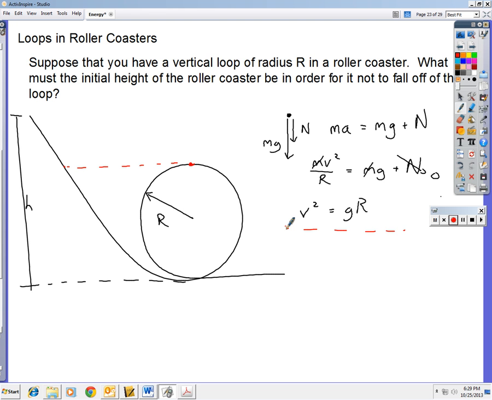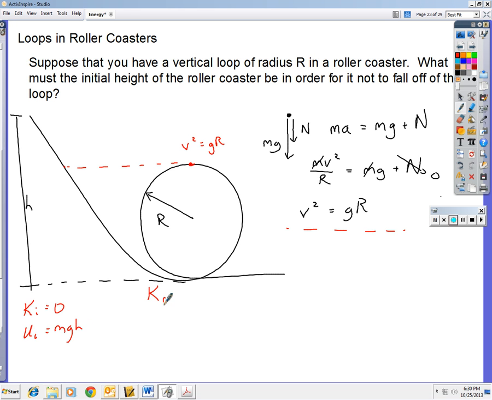Now once we know that that's what the minimum speed has to be, now we can use conservation of energy to find out what the height has to be. So initially, the kinetic energy is 0, the potential energy is mgh.